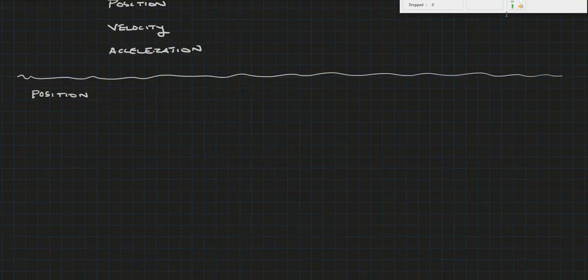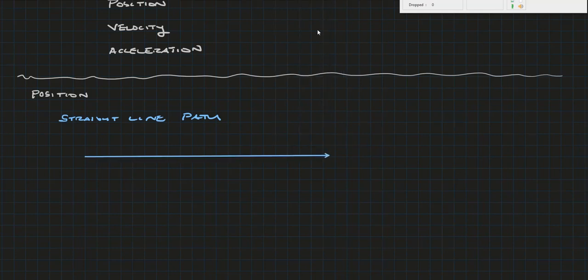Let's begin with position. The straight line path of a particle can be defined by a single coordinate axis, as such, with an origin here and the position of the particle represented here.